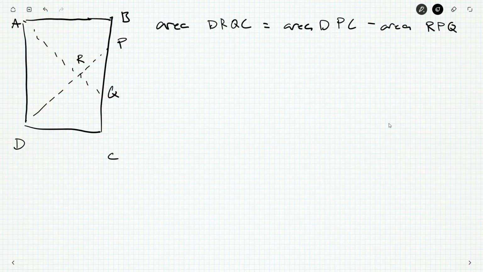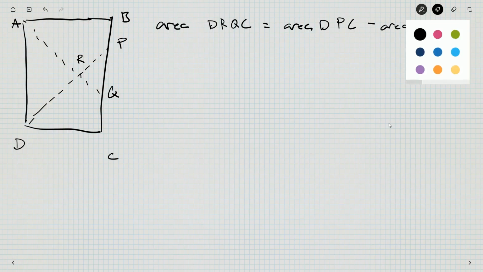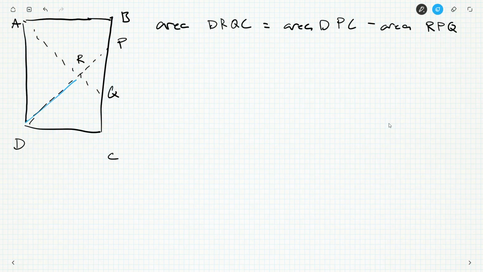Now this isn't the only way to do it, but it's a fairly apparent one. We want to take the blue triangle and subtract off, let's say, the red triangle. These triangles I'm suspecting are going to be a little nicer.